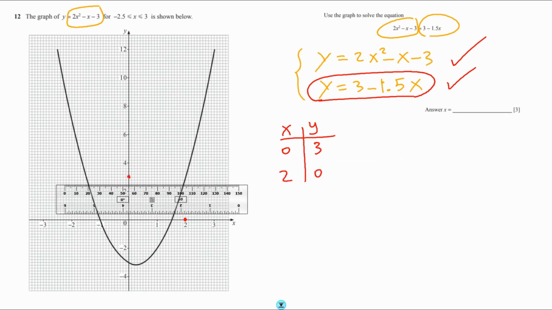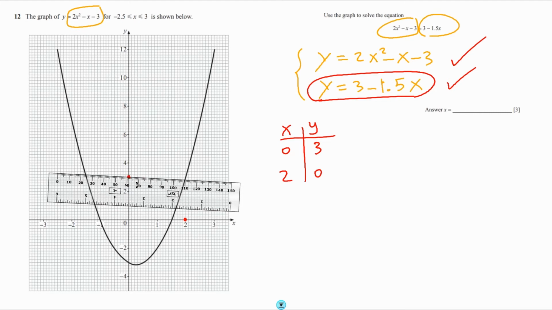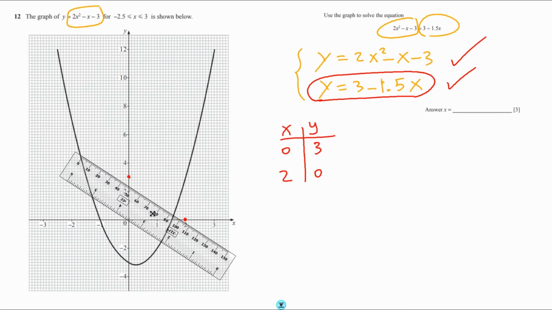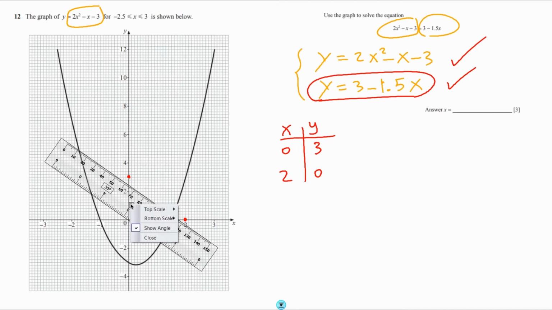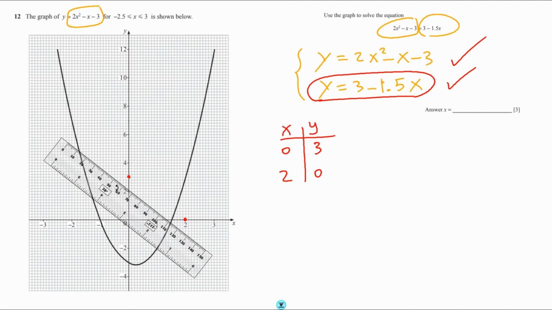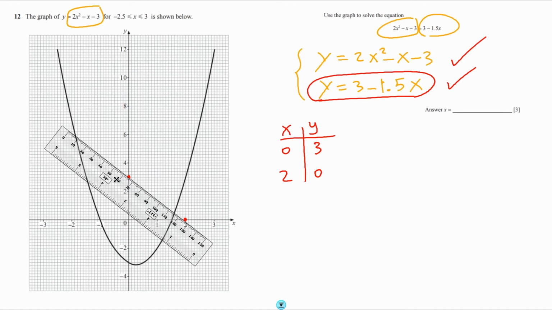Now if I put a ruler there and try to connect those two points, I'm just going to set this ruler so that we have almost accurate answers. Because it's a graphical method, it is important to do this about right.